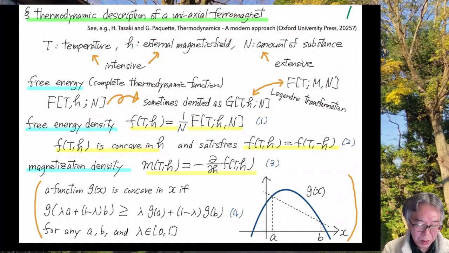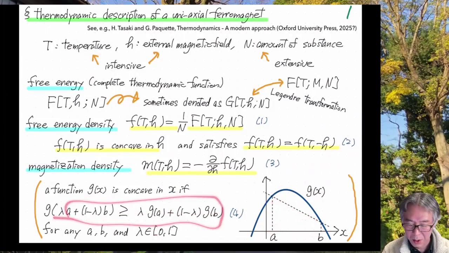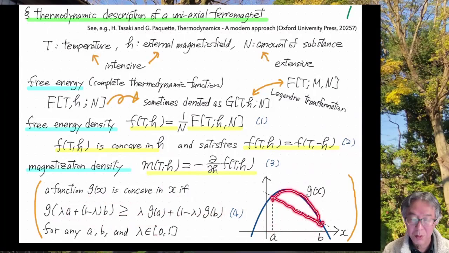What do I mean by this? Well, a concave function is a function which looks like this, and here is a rigorous definition. g(x) is concave in x if this inequality is valid for any a and b and lambda. This inequality means that if you pick these two points and consider this line, and compare it with this part of the graph of g(x), then this part is always above this line.